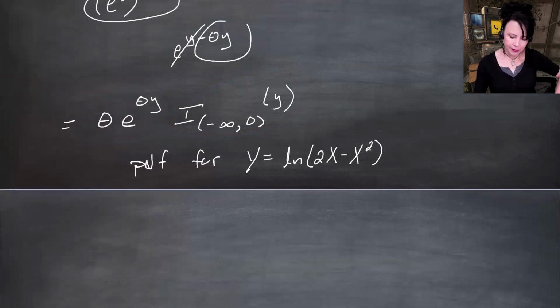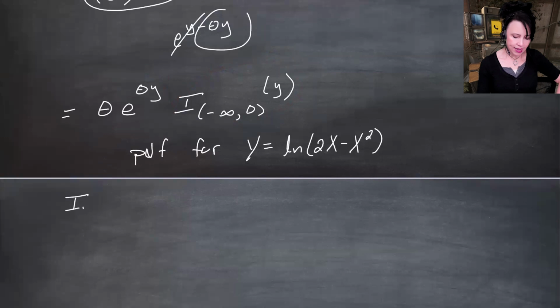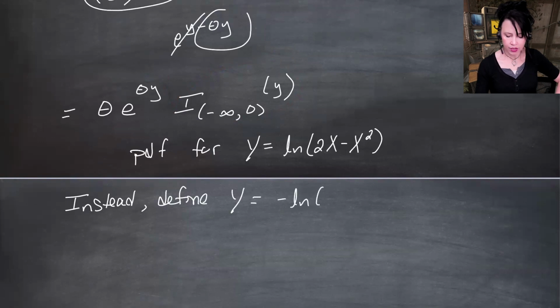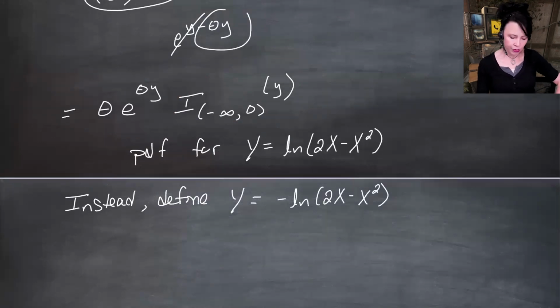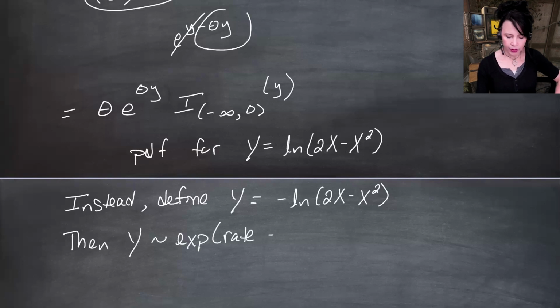I wouldn't go back literally and say, instead, define y to be the negative of the log of 2x minus x squared. You go back through what we just did and trace that through, then it's easy to see that y has an exponential distribution with rate theta, but not until you put that negative on.